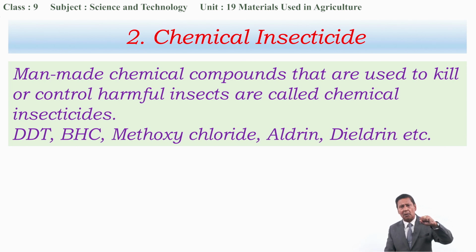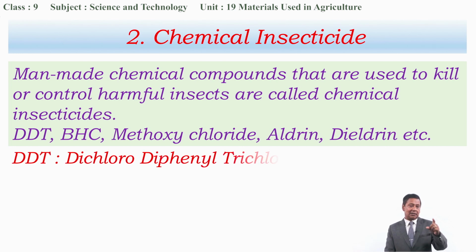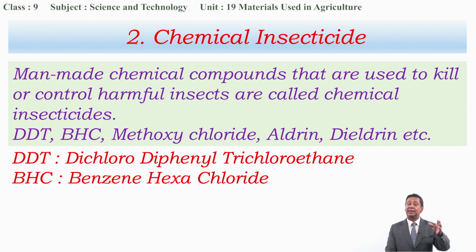Now, the full form of DDT is dichloro-diphenyl-trichloroethane. And the full form of BHC is benzene hexachloride. Actually, these two are now banned because they have a very bad effect on human health. They are not biodegradable. What is found when they are used in the field?